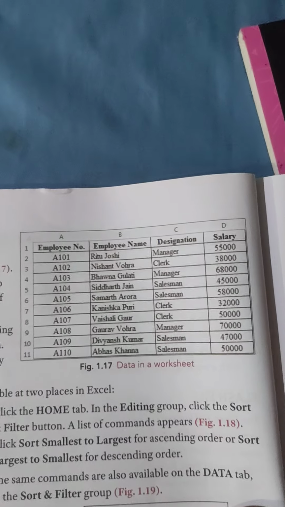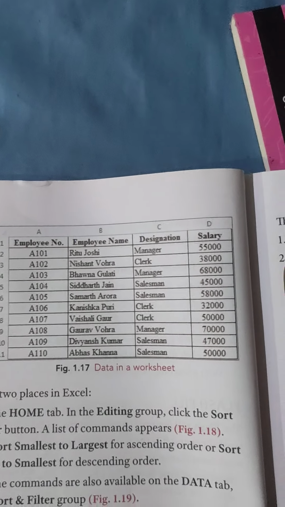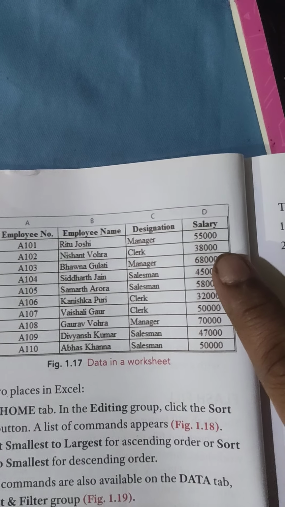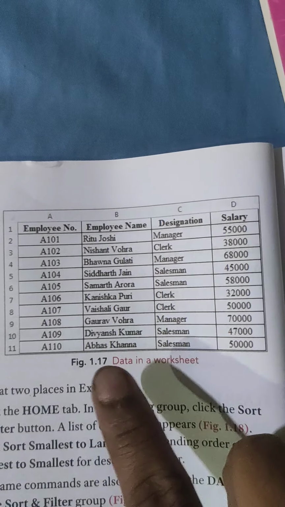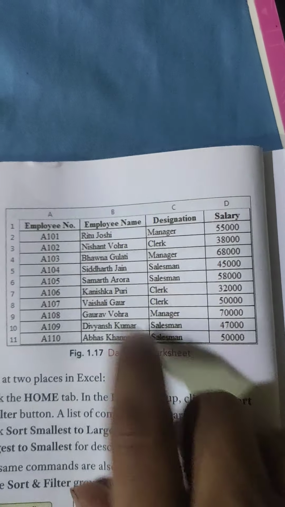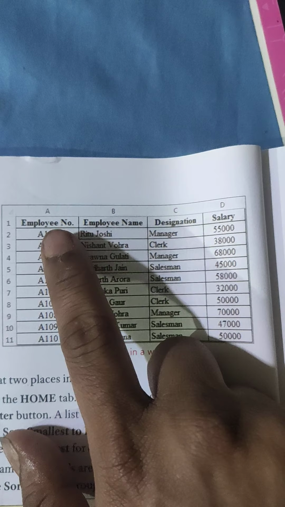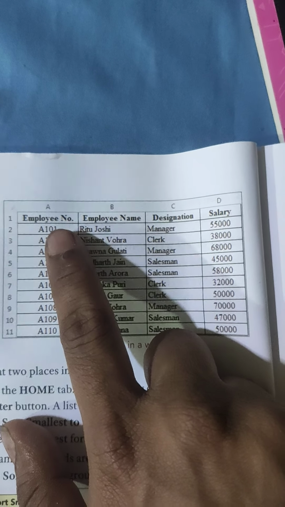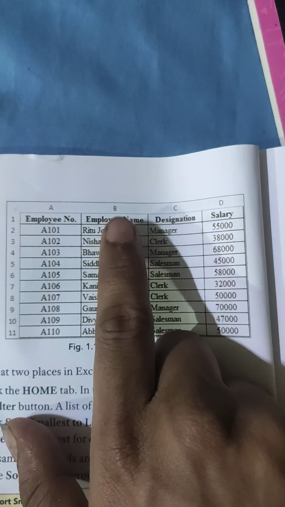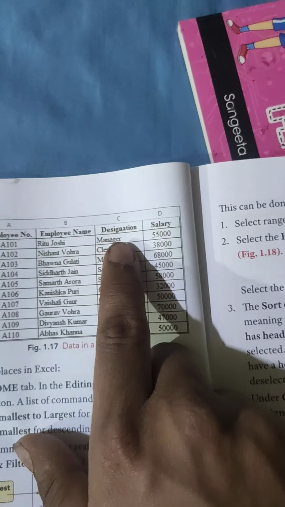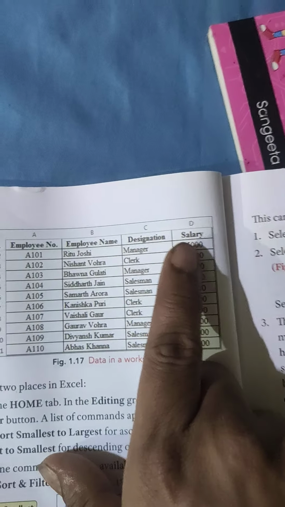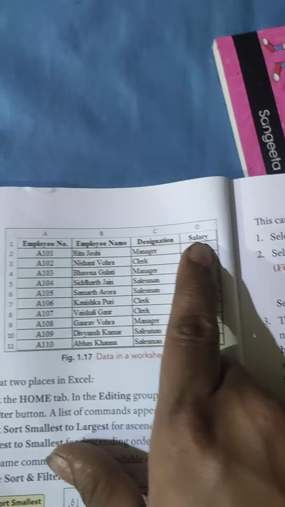For understanding this, just look at the example given here. Here is an example of data in a worksheet. We have the first column containing employee number, the second column containing employee name, the third column containing designation, and the fourth column containing their salary.